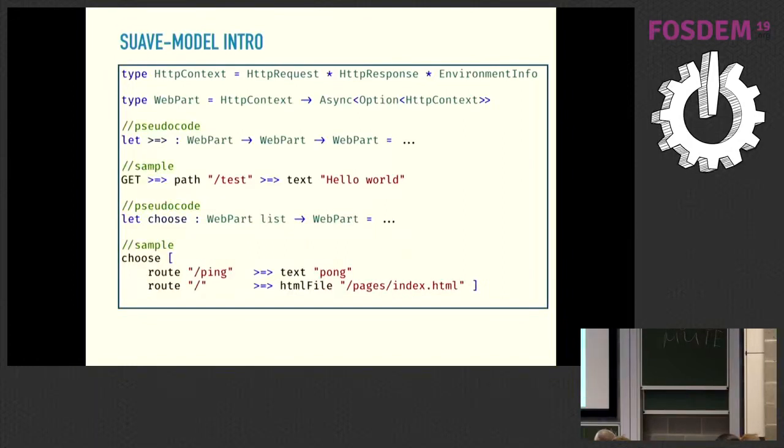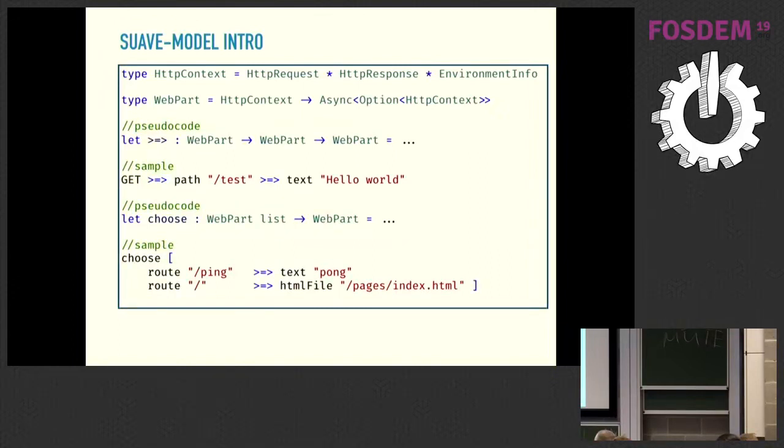And then we have a function that takes an HttpContext and optionally, in the future, so it's an asynchronous operation, can return a new HttpContext. Why optionally? Because maybe we want to stop processing at some point in time. We don't want to follow the path of operations that we will create.